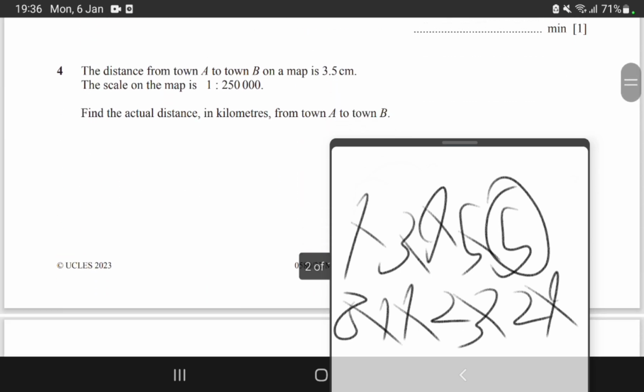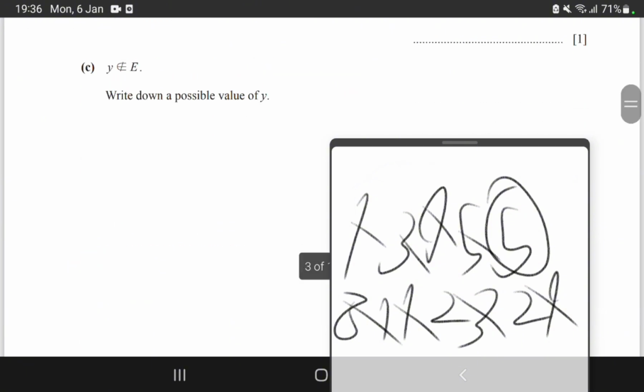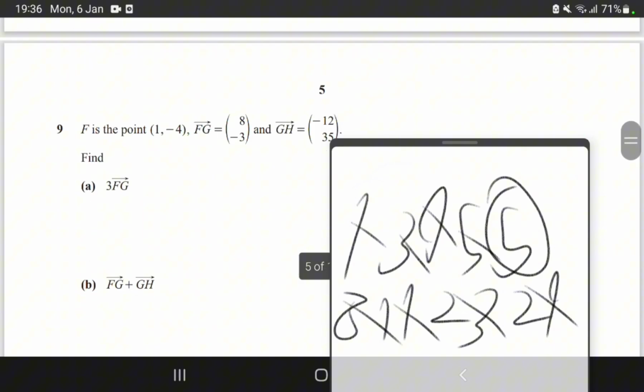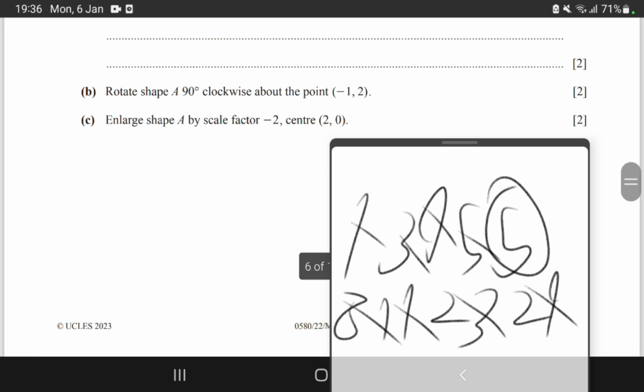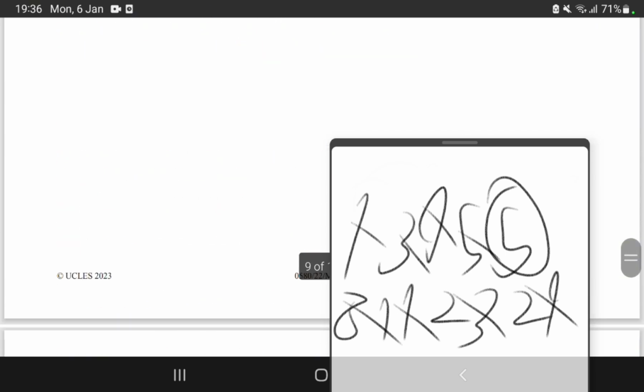Now we move on to question number 20 of this paper.